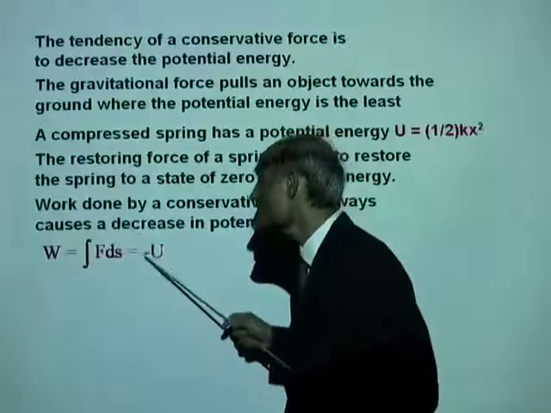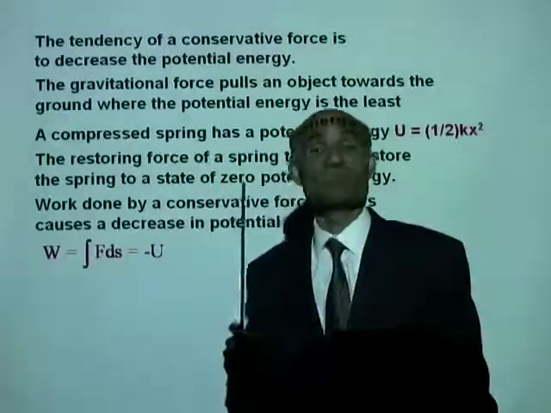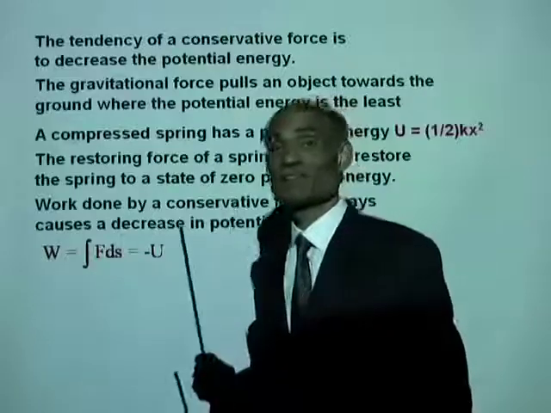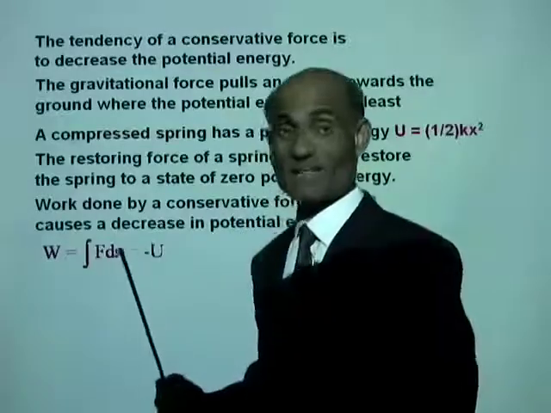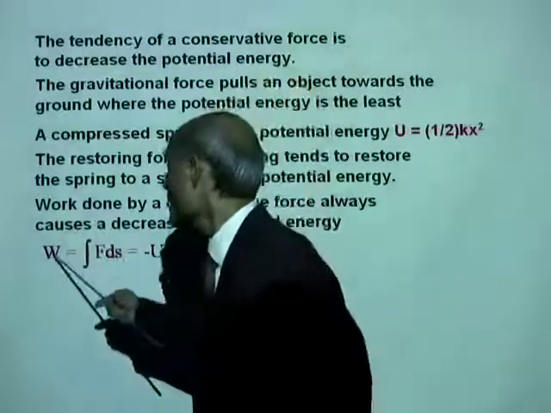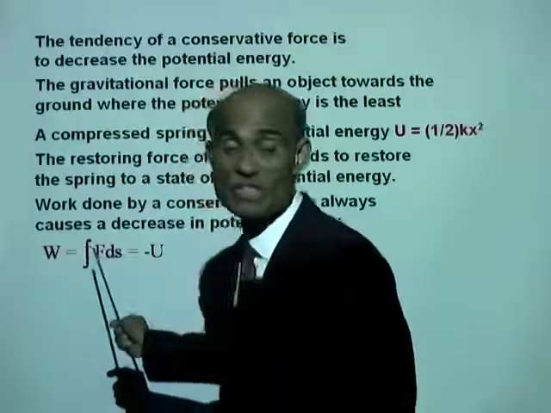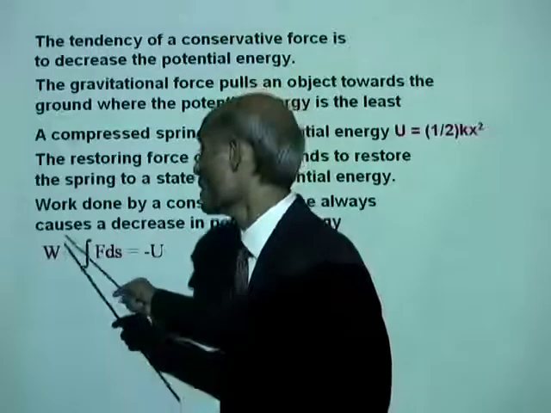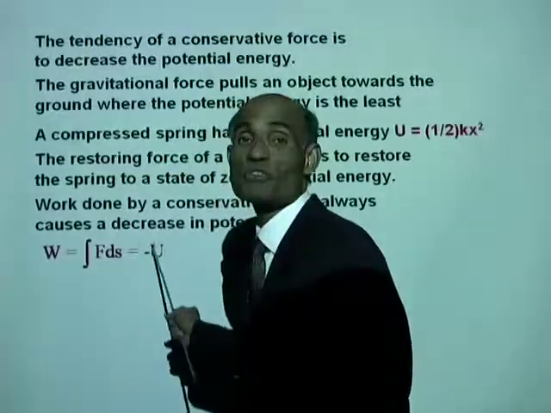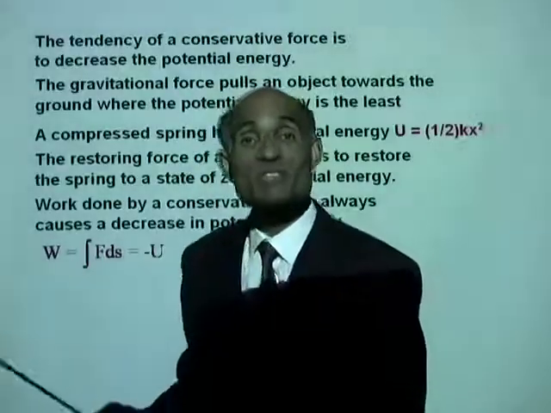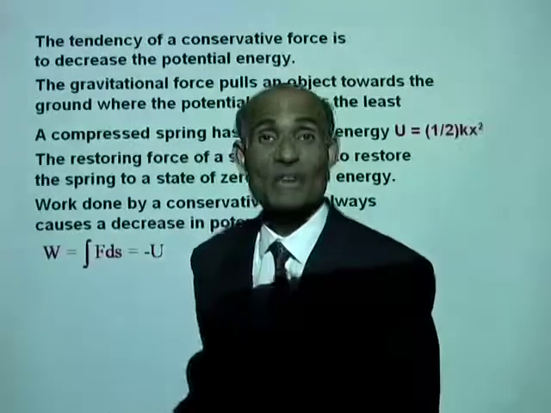W equal to negative U. Well, does that make sense? Yes, the work done by a conservative force always decreases the potential energy. Work done by a conservative force is equal to the negative of the potential energy.